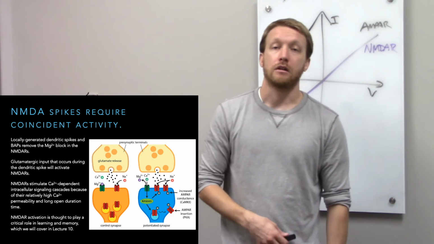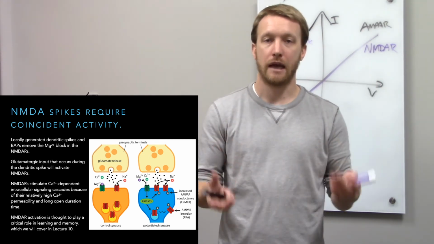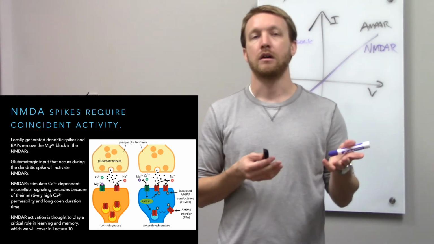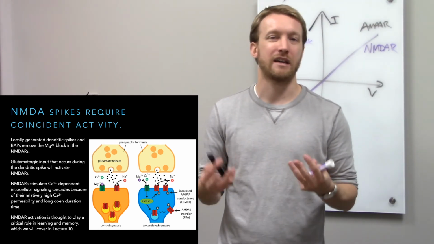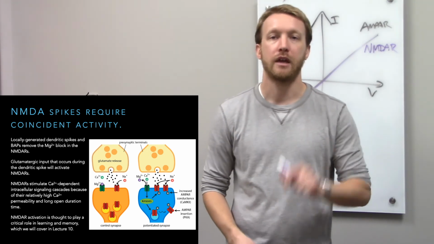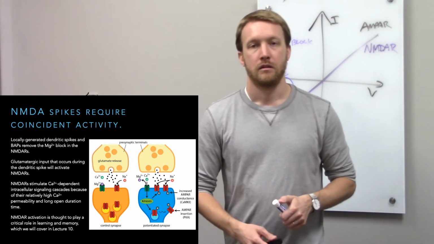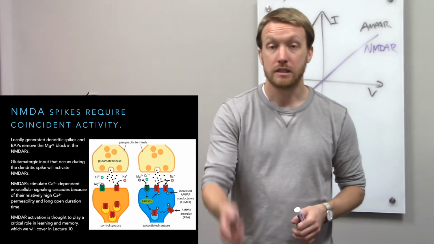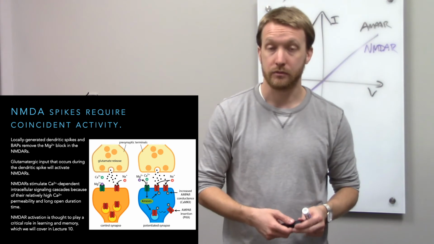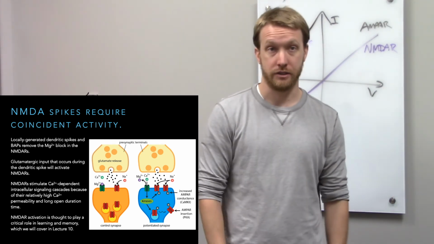NMDA receptors are going to, just as a population, be more permeable to calcium. And calcium is an important secondary messenger that's going to stimulate kinases and affect how the synapse works. And we think this is really important for memory. And I'm going to talk to you more about that in Lecture 10. But NMDA receptors also don't desensitize as rapidly as AMPA receptors. And so you get more prolonged synaptic currents.